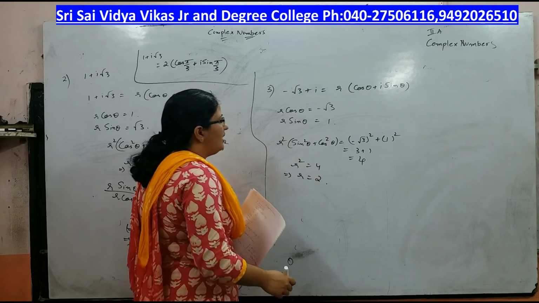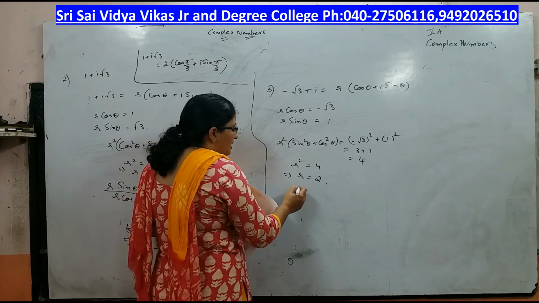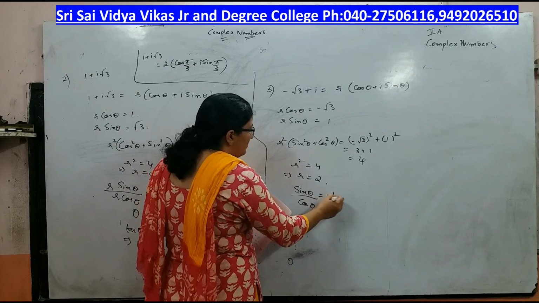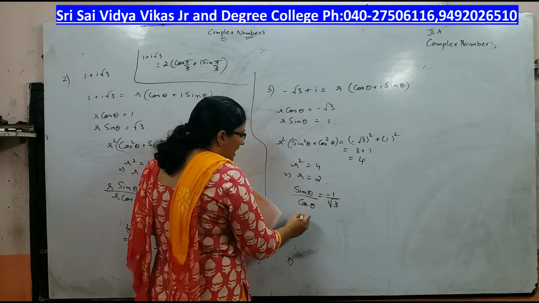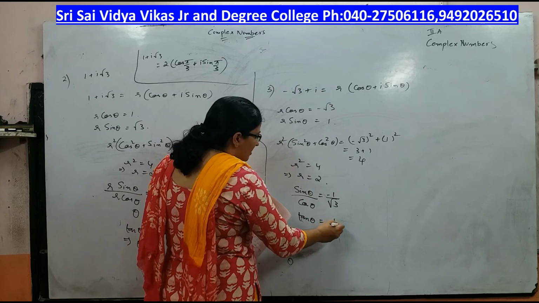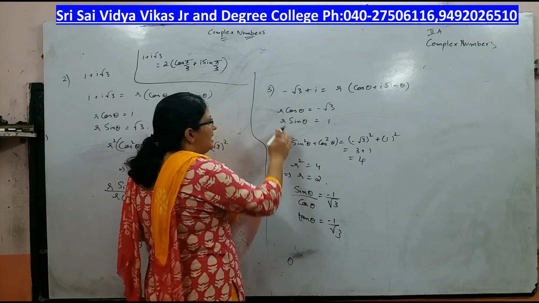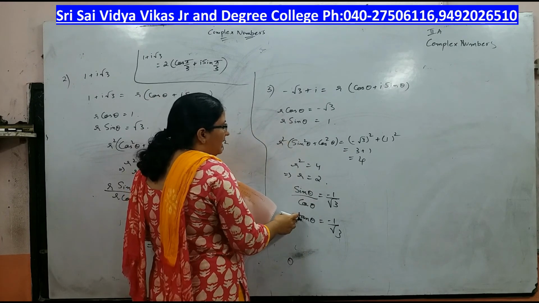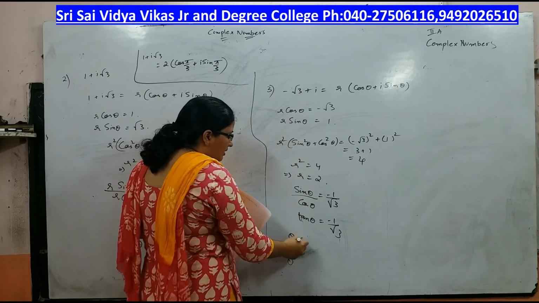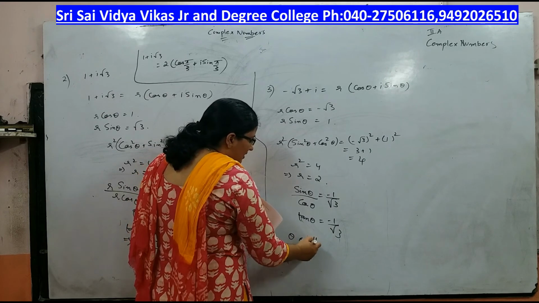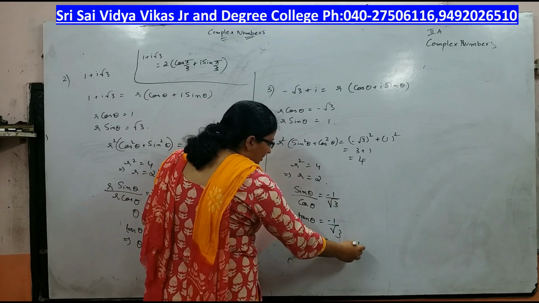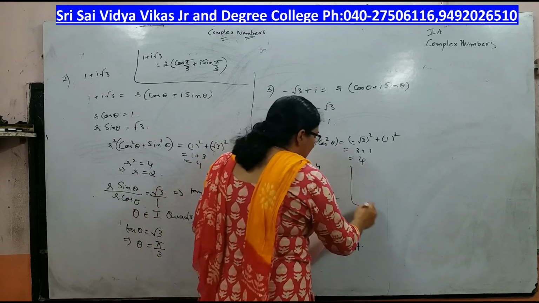Now let us find the value of theta. Sin theta by cos theta is equal to minus 1 by root 3. Tan theta is equal to minus 1 by root 3. Sin is positive, cos is negative, and tan is negative. So theta belongs to the second quadrant.